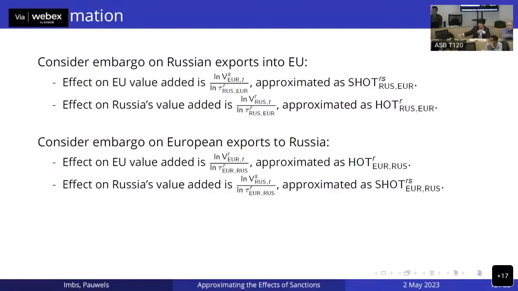The question. Great presentation, great paper. Thank you. Just building off Tokpa's observation, I was intrigued by your finding that diminished exports from Russia to the EU hurt it more than diminished imports to Russia.